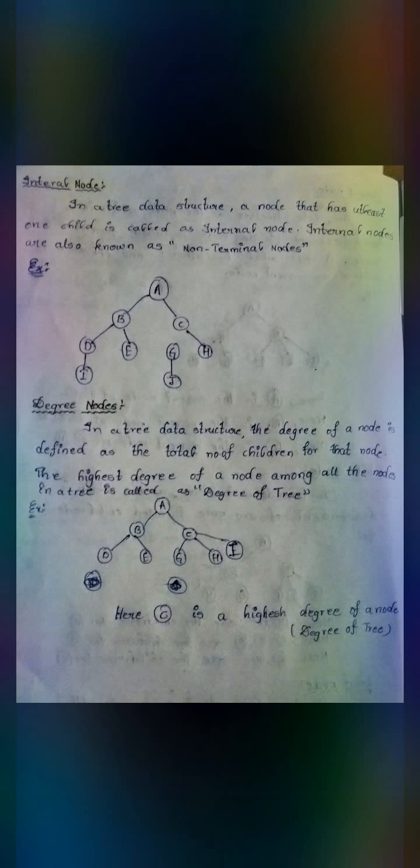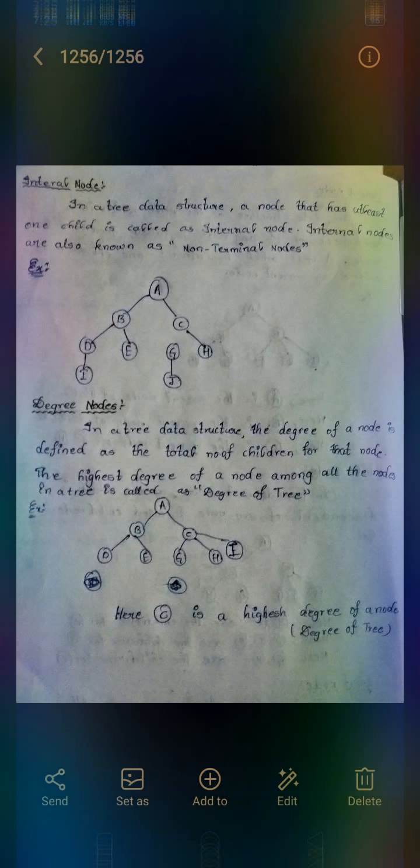Now, degree of a node. In a tree data structure, the degree of a node is defined as the total number of children of that node. Here A has two children, so the degree of A is 2, B has degree 2, and C has degree 3.